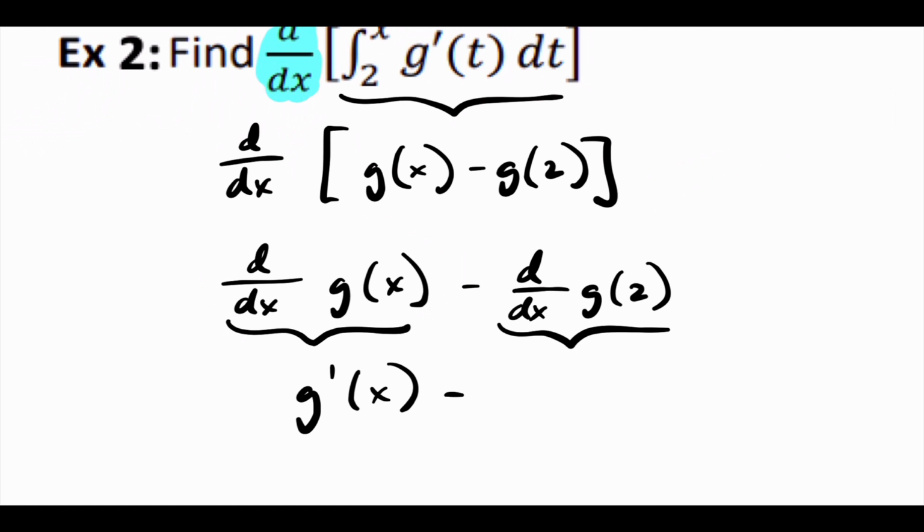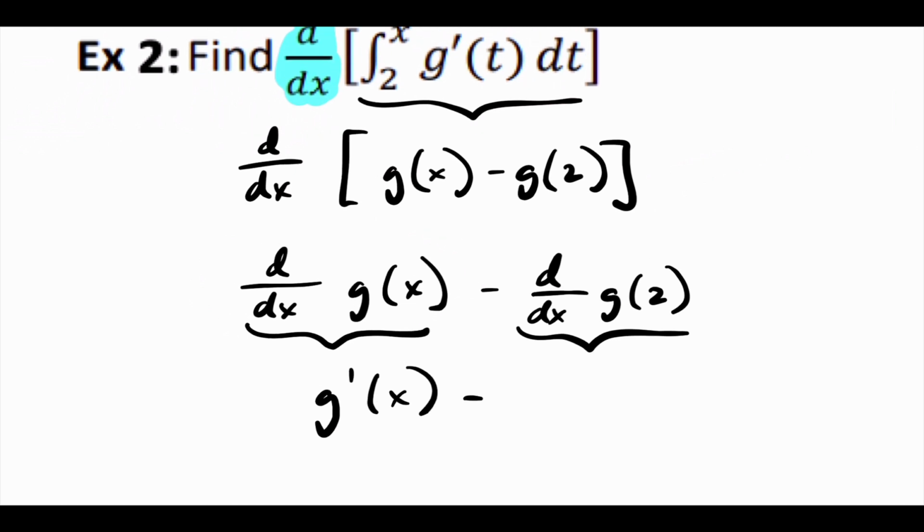What's the derivative of g of 2? This could be a little tricky. What's the derivative of g of 2? It's not hard, but it might be a little tricky. Why 0? You're right. Why is the derivative for g of 2 0?